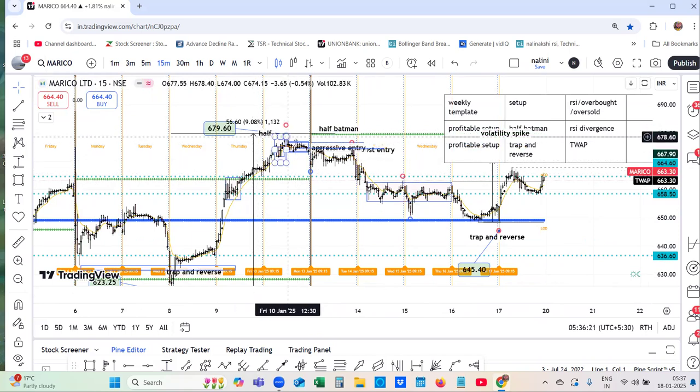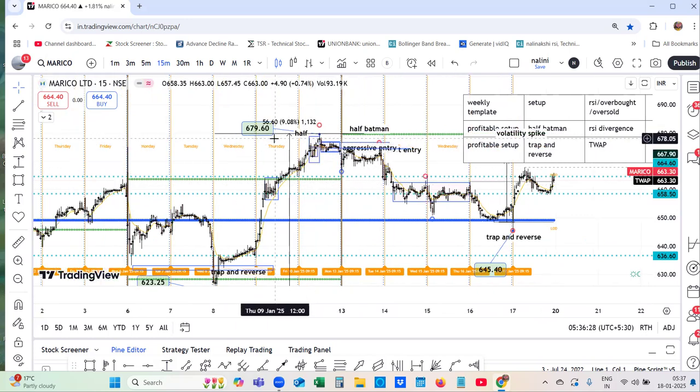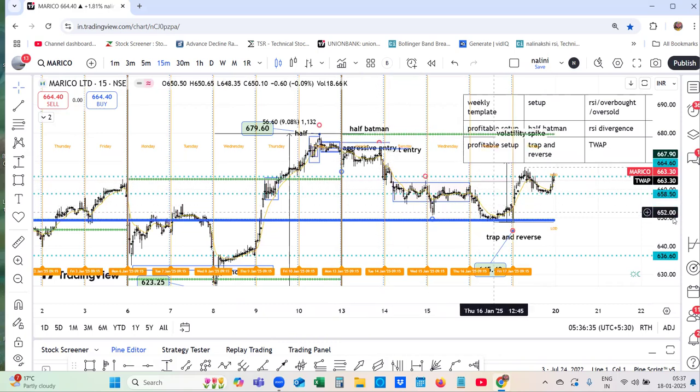And then it was a reversal pattern. We have seen the Off Batman pattern, that is a reversal. Then you can go for the reversal trade, and it was also profitable.